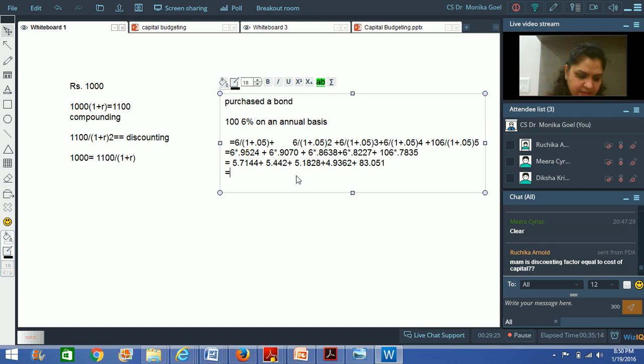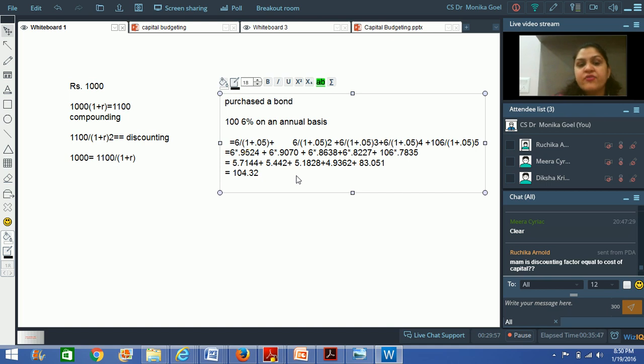So that is coming equal to 104.32. So if you're getting this bond for 104 rupees today, you can say that it is equal to the amount that you're going to get in these years.